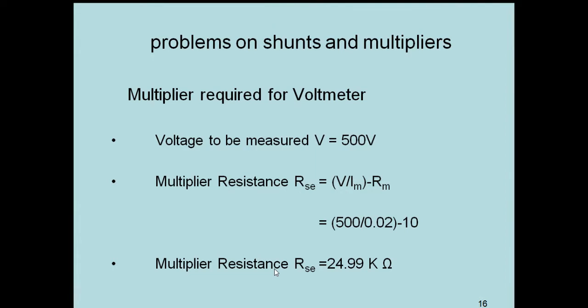V is 500 volts, Im is 0.02 amperes. From this we calculate the multiplier resistance RSC as 24.99 kilo ohms.